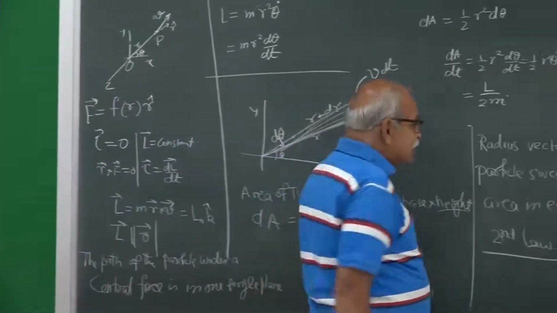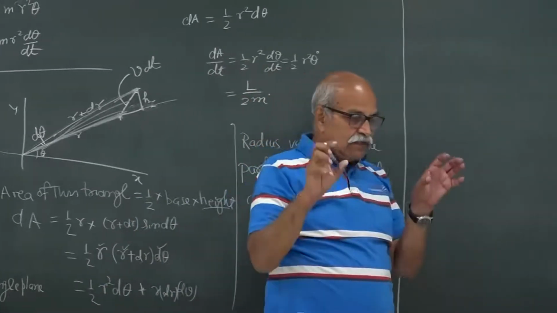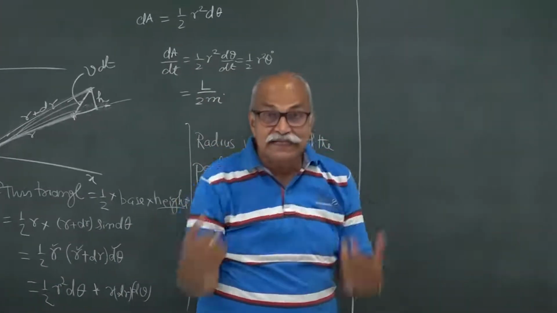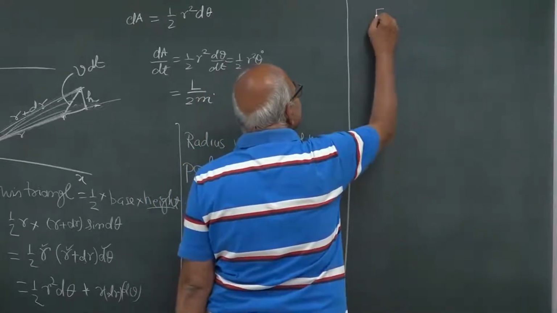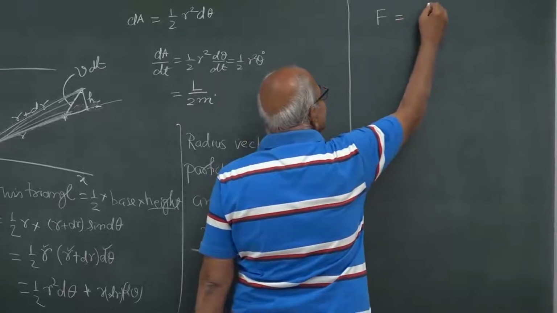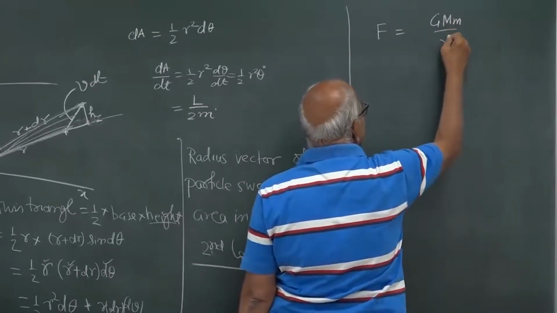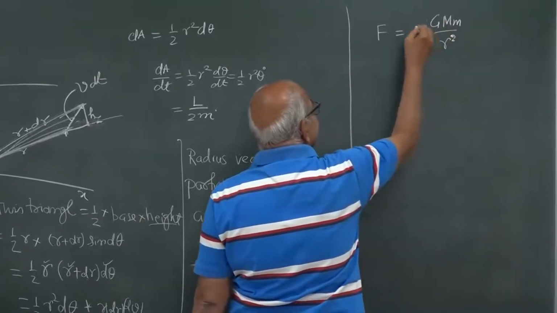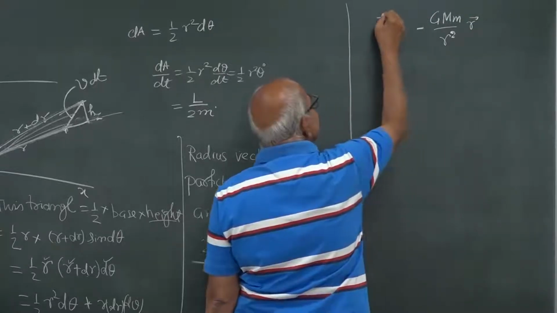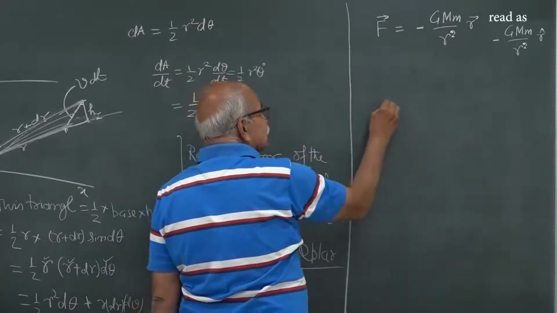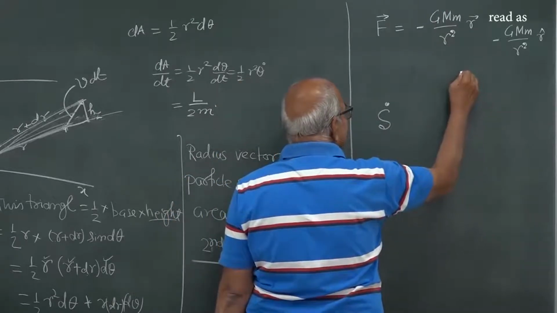Now, specifically, if you talk of that sun planet type system, you know the force is given by G m by r square in magnitude, and then the direction. So we can write minus and r cap here. This is taking the sun as the origin and the planet as the particle.